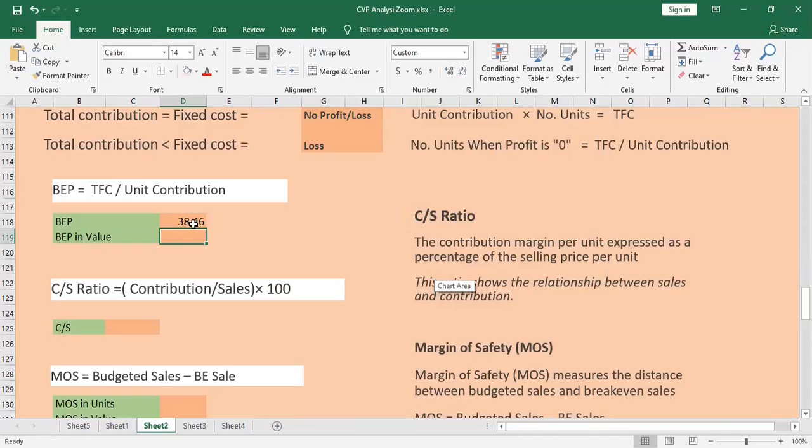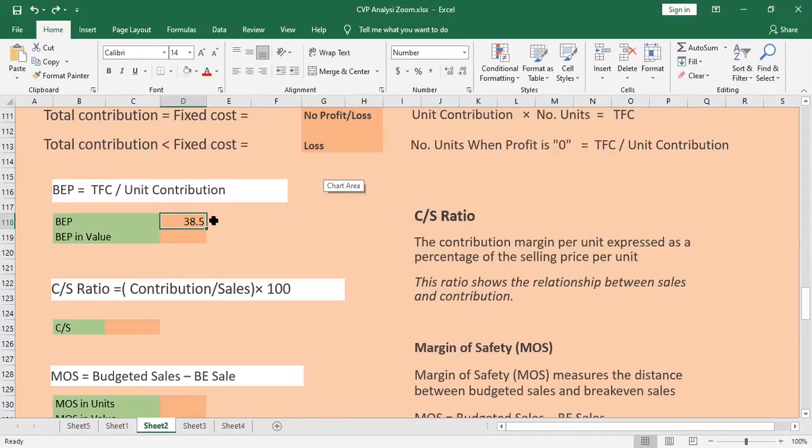That means approximately you will have to produce and sell 39 units. We cannot produce 38.5 units, it's not going to work.